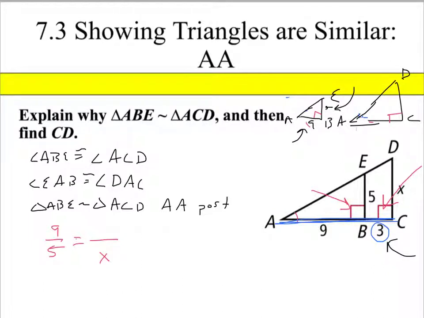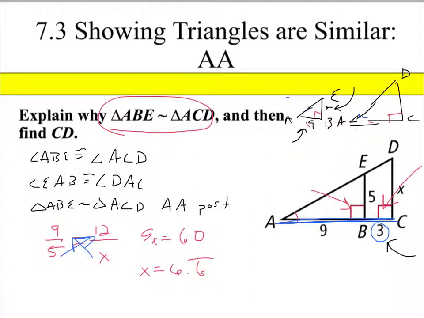That's 9 plus 3. So it's going to be 12. Okay, so now we have a proportion of 9 over 5 is equal to 12 over x. We can say that because we know that they are similar. Cross multiply, and you come up with 9x is equal to 60, and x is going to be 6.6 repeating.